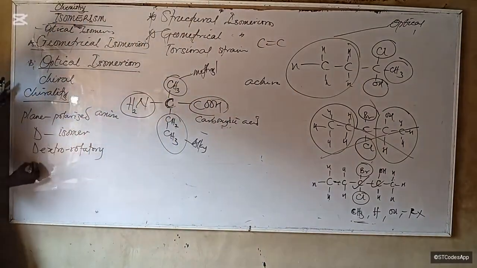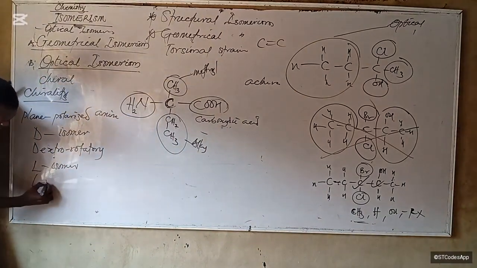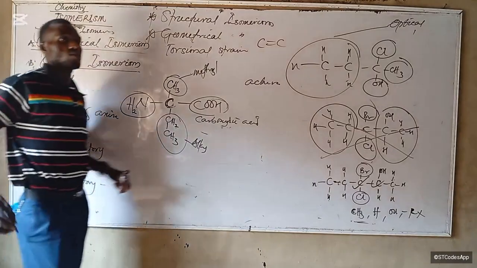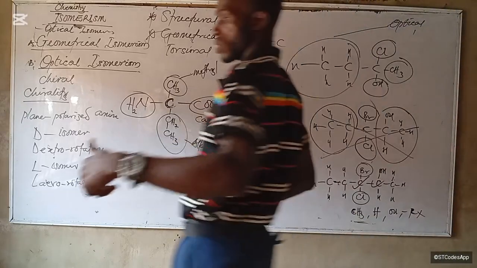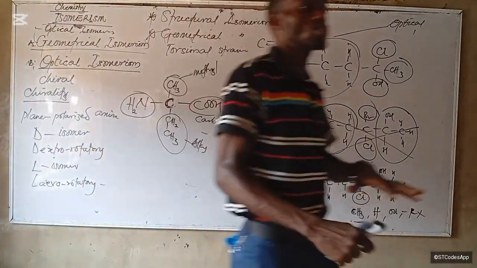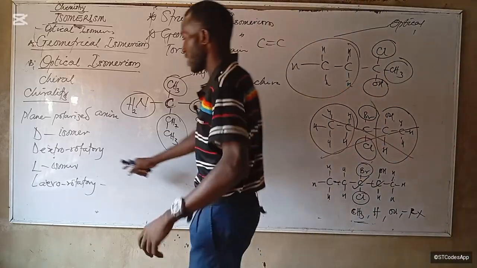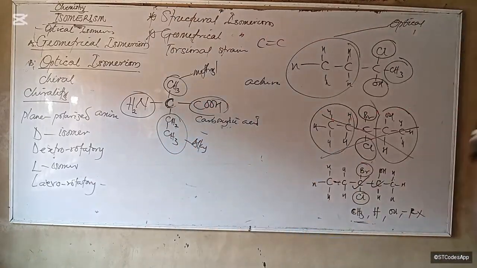That one will be called the L-isomer, or the levorotatory structure. Does that make sense?